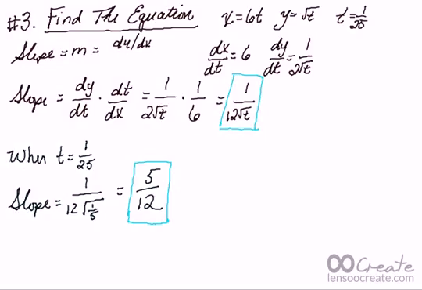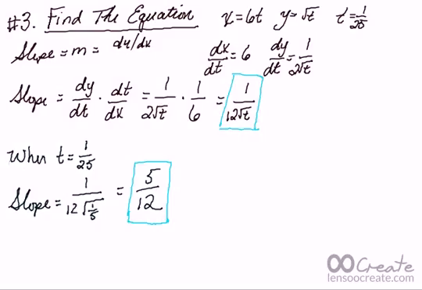And I found the derivative of x with respect to t, and that's equal to 6. And the derivative of y with respect to t is 1 over 2 square root of t. So since I'm doing the reciprocal, I just do 1 over 2 square root of t, which is dy dt, times the reciprocal of the derivative of x with respect to t, which is 1 over 6.